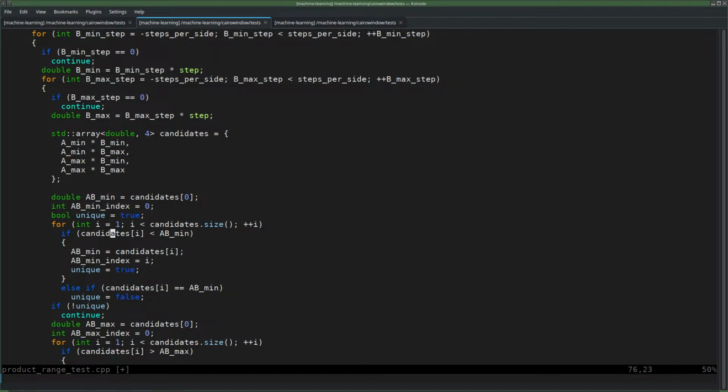As soon as we find a candidate that is less than AB min, that was the minimum. Set that equal, remember the index, and we make unique equal true again.